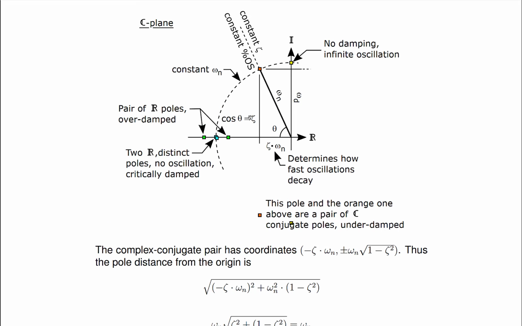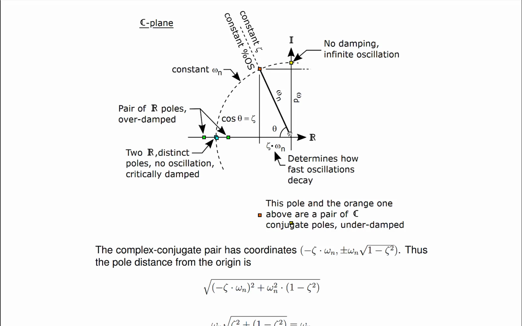But if we look at the cosine of this angle right here, it's going to be the adjacent side, zeta omega n, divided by the hypotenuse, which is omega n. So the cosine of this angle is equal to zeta.